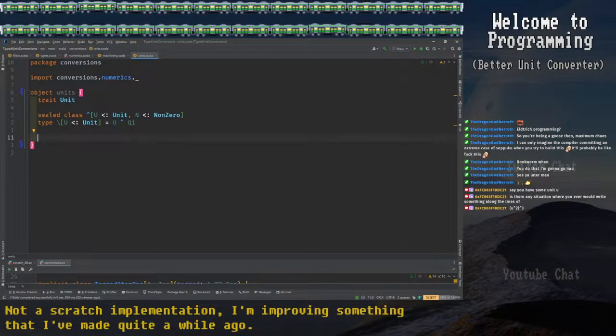There is no point. And what I also want is a multiplication. Sealed class times equal.